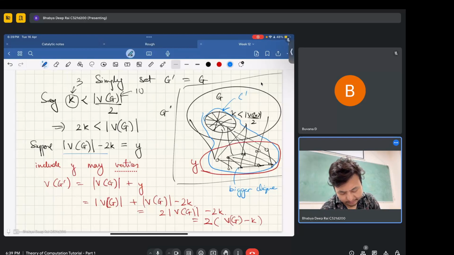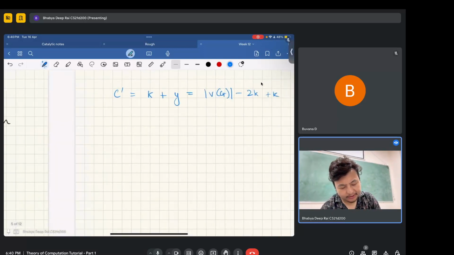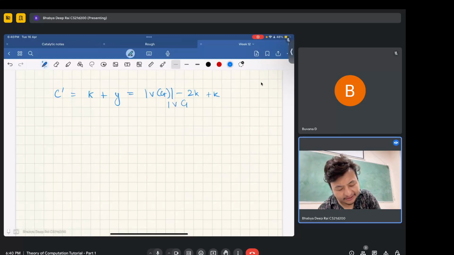I wanted this to be equal to 2K. So the click size is V of G minus 3K.